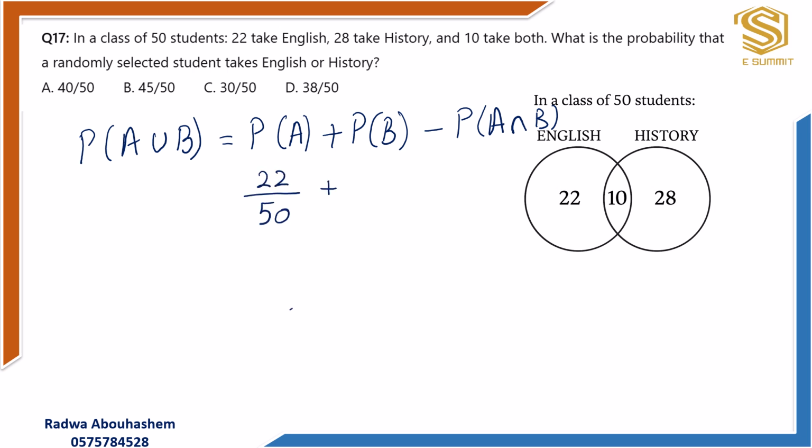How many take history? 28 out of 50. And the intersection between them is 10, so 10 out of 50. So the answer is 50 minus 10, which gives 40 over 50.